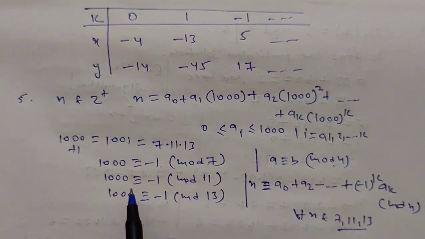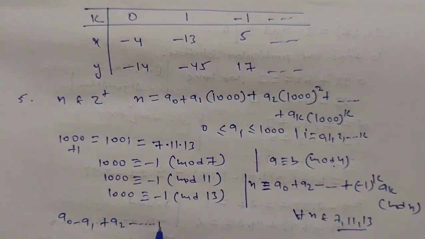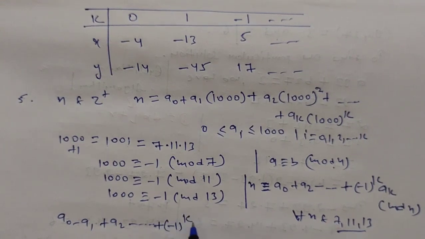So now what we can do: we have that 7, 11 and 13 divide n if a0 minus a1 plus a2 minus dot dot dot plus minus 1 to the power k ak is congruent to 0 mod n, and we already have the values of n.